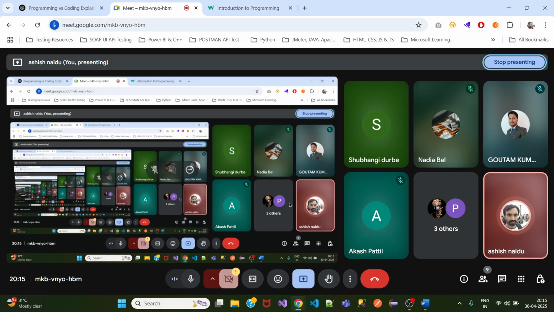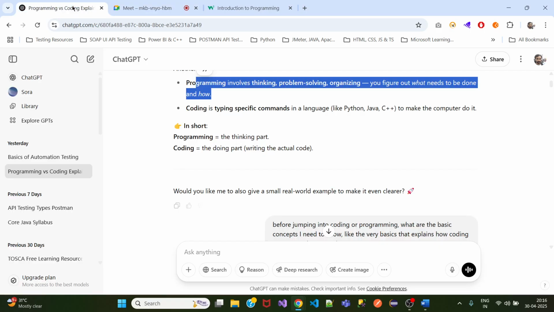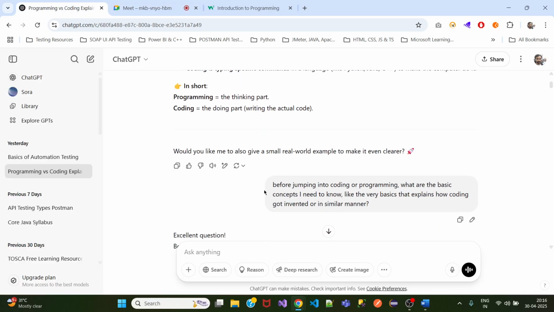I will come to that part. And what else did we discuss? JavaScript is a programming language. It is no more a scripting language, and we will be learning JavaScript for Postman API automation testing, REST APIs automation testing. Now, coming back to this programming thing.